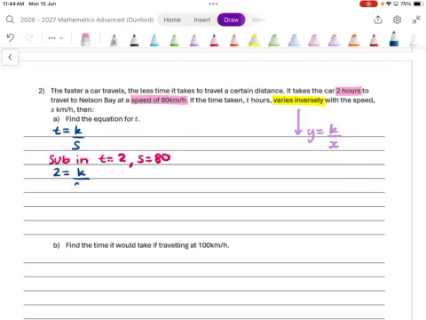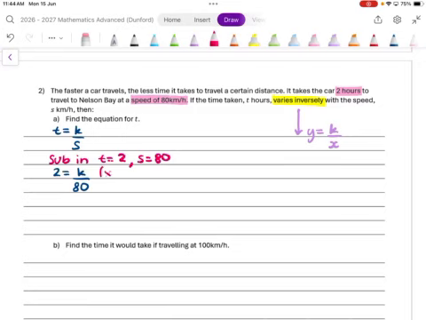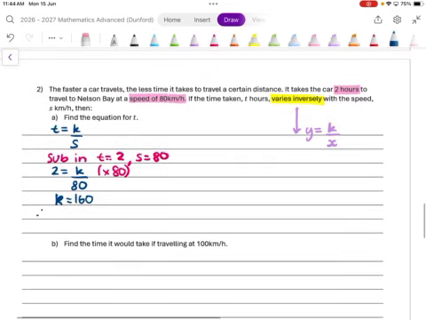We can then just times both sides by 80 to get k equals 160. So therefore we get t equals 160 on s. And that is then our equation that we're going to use for the rest of our questions.